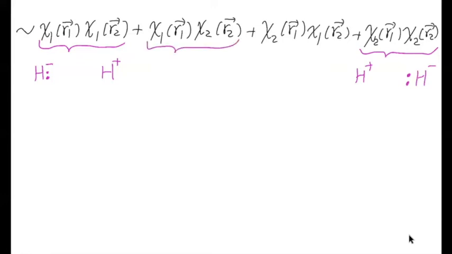The second term means the first electron is on hydrogen A and the second electron is on hydrogen B. What is the third term? The third term tells you the first electron is on hydrogen 2 and the second electron is on hydrogen 1, right?